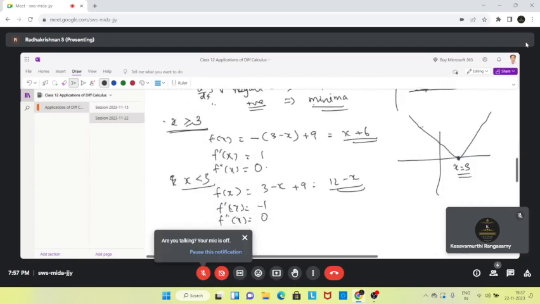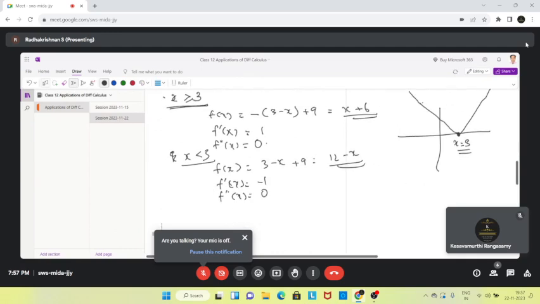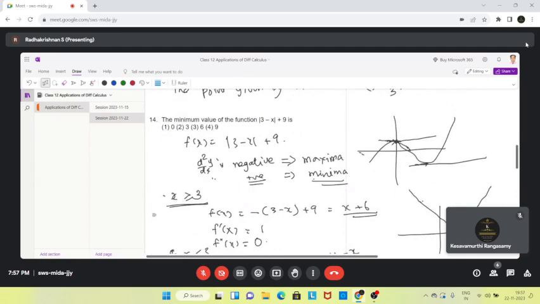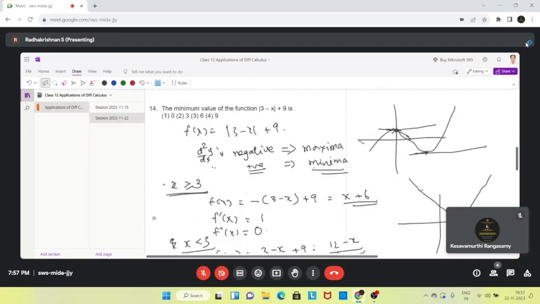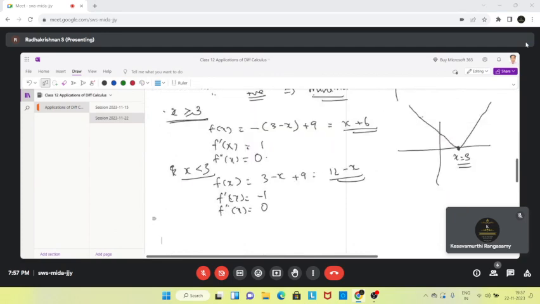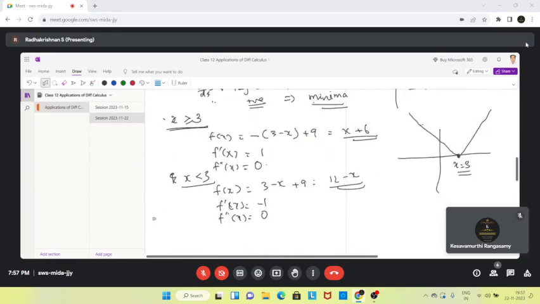So when x equal to 3, they're asking you to find the value of the function. What is the value of the function when x equal to 3? The first one, x plus 6, is the function. So f of x in the range when x equal to 3 is 3 plus 6, 9.